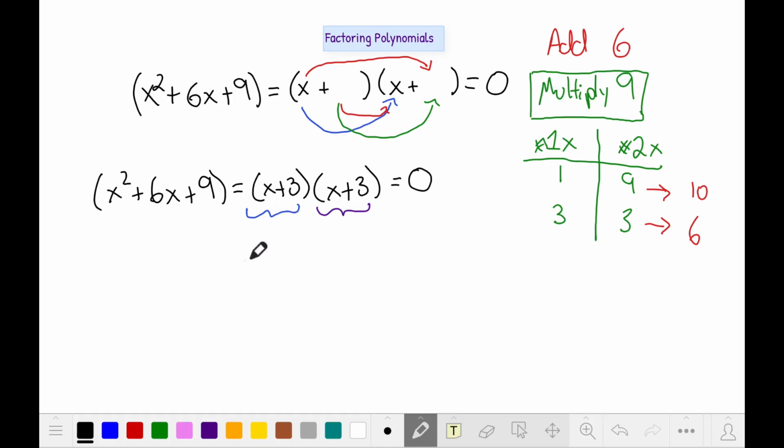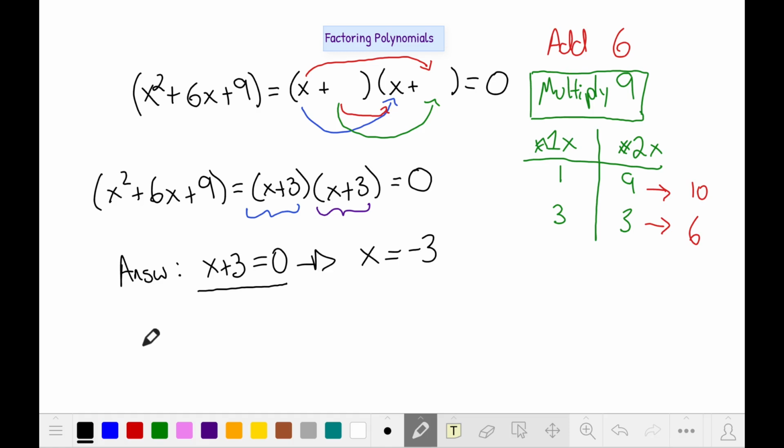So which is basically the answer will be this turns to 0 when x plus 3 is equal to 0, which means that x is equal to minus 3. So we can see that factoring puts this into a position where all we have to do is solve one little expression, which is pretty simple.